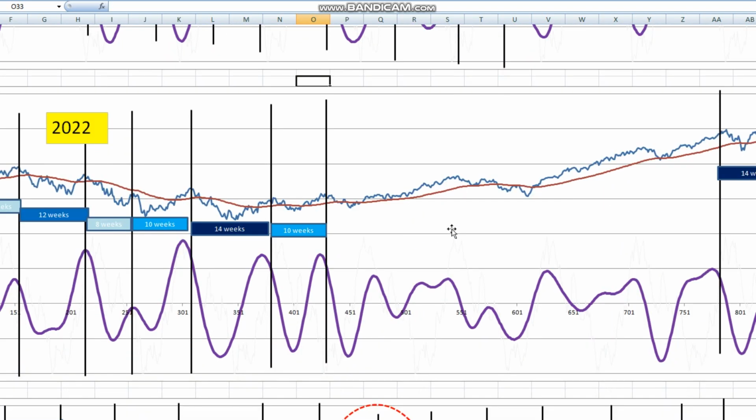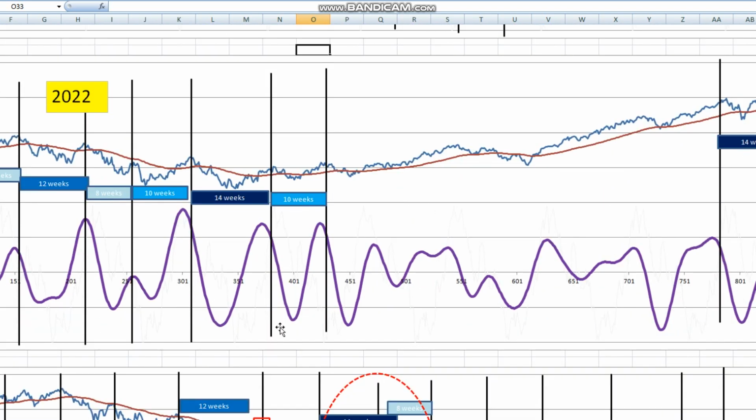If we go to 2022, again, we see we have like 12 weeks, 8 weeks, 10 weeks, but when we get these long rallies, or I should say, this long period between tops of 14 weeks, then you have to start questioning, is the market now shifting into a bullish configuration? And indeed, that is what happened here in 2022.